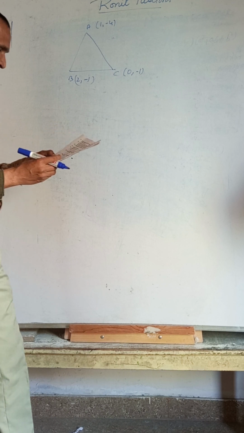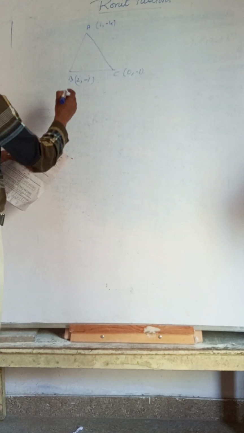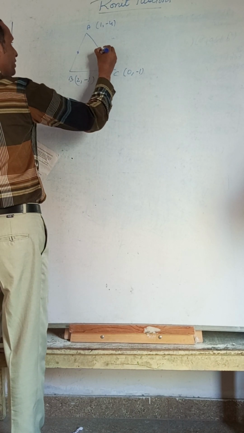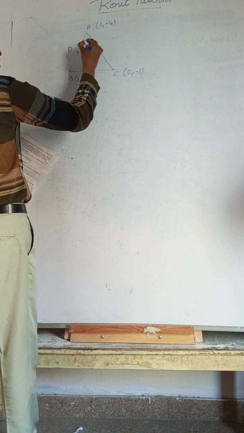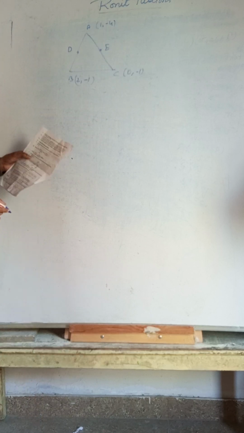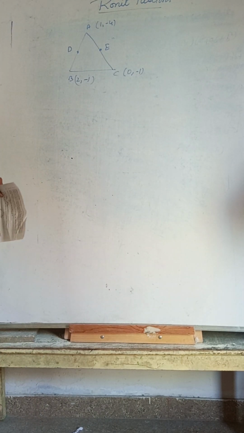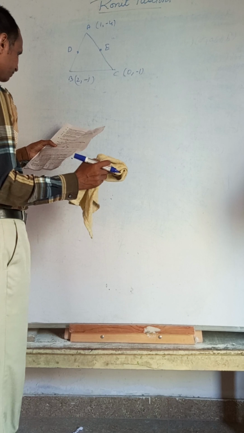Find the area of triangle ABC whose midpoints are given. Suppose D is the midpoint here and E is the midpoint here. So the midpoint values are given.